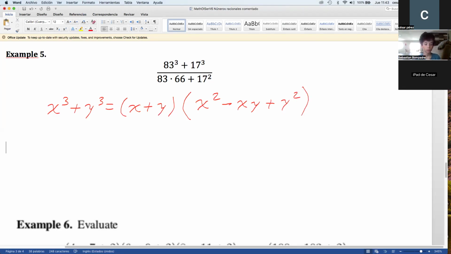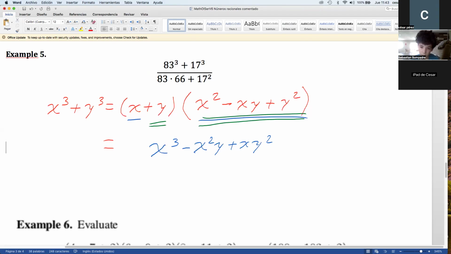If we make this multiplication, we will get x cubed minus x squared y plus x y squared. And if we multiply this by this, we will get plus x squared y minus xy squared plus y cubed.